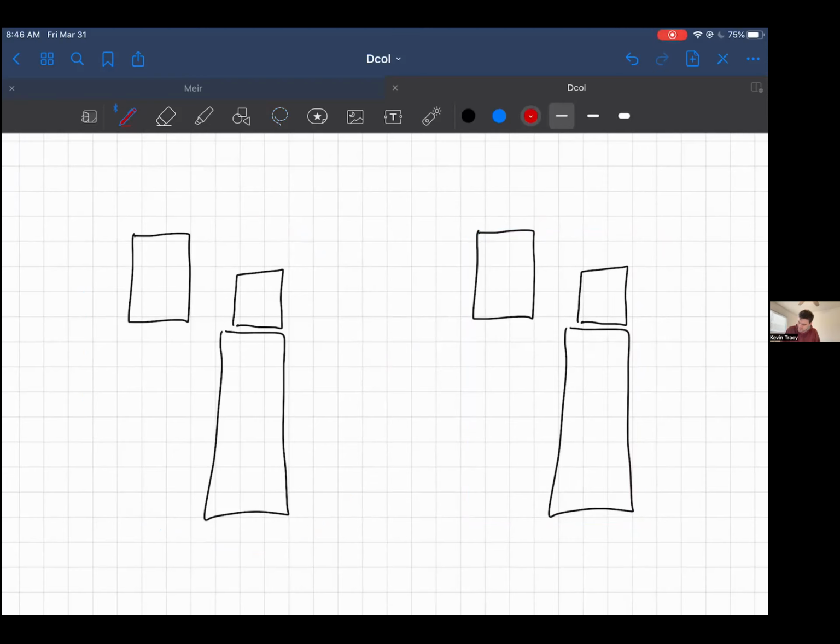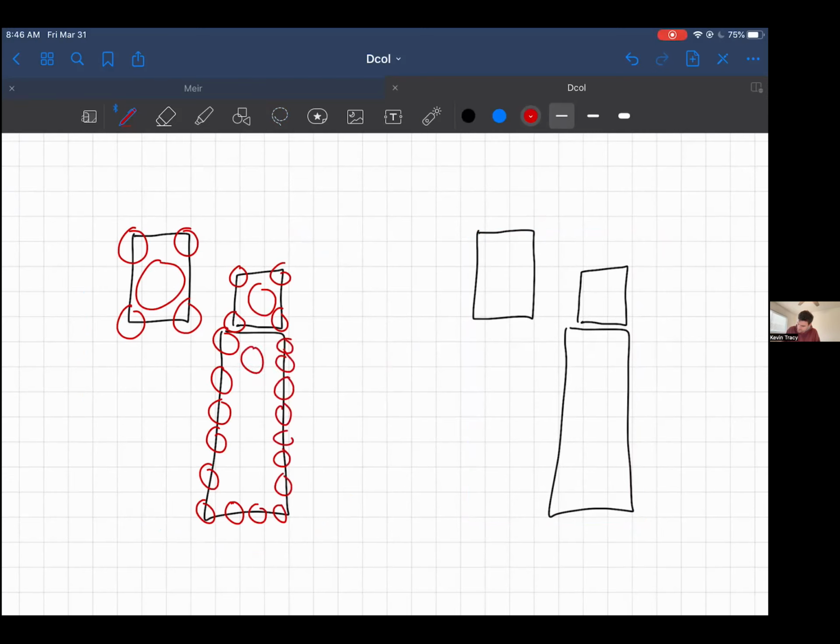You can add some spheres to the corners, and a big sphere on the inside. Do the same thing here. So I can just decompose this thing into a bunch of spheres. Or I can be super naive and just do one big sphere and then one big sphere.